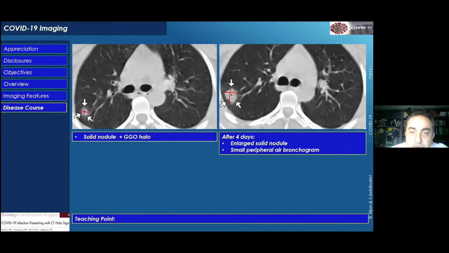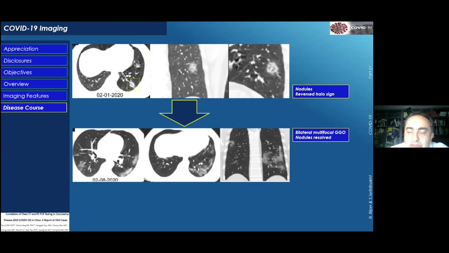presented with nodules, basically. Take a look at this one, this was performed in first day of February, and then this was performed after a week on the 8th of February. What you see here is a very nice classic appearance of a COVID sign, reverse halo sign.